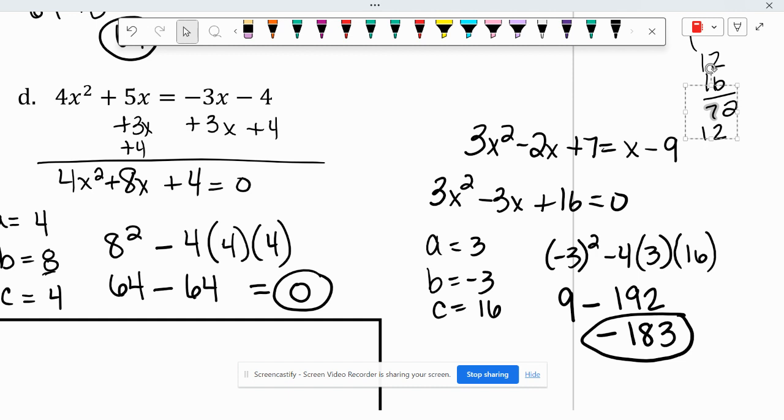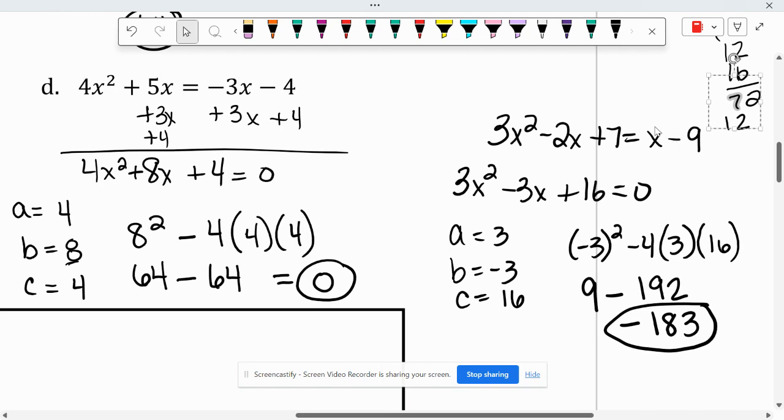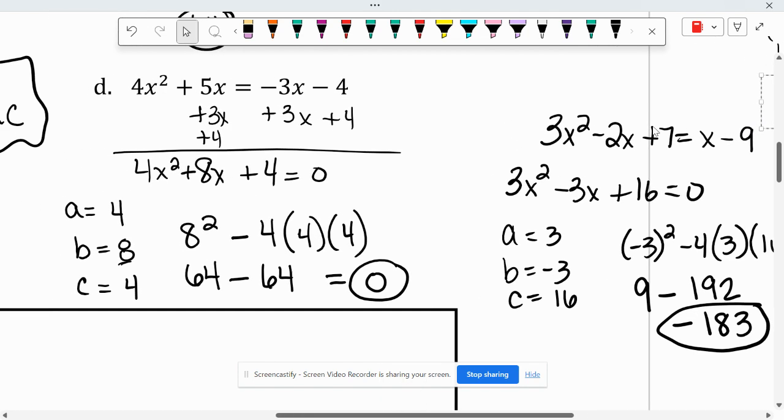Look at my work. A is 3. B is negative 3. C is 16. Negative 3, the quantity squared is 9. 4 times 3 times 16 is 192. 9 minus 192 is negative 183. You guys, all you're doing is picking the values and plugging them in. Okay.